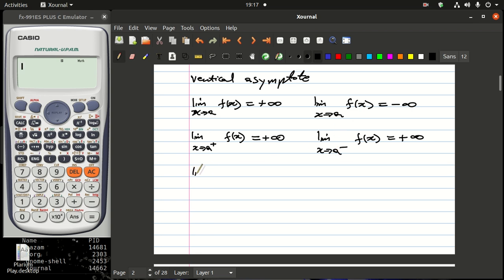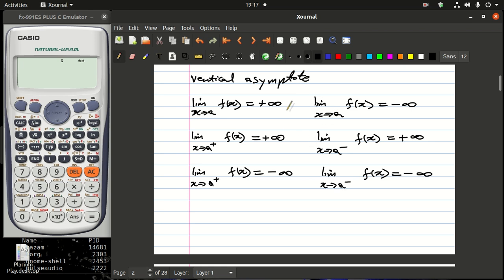And if when you're taking the limit as x approaches a from the right of f of x, you are getting negative infinity, you must know that there is a vertical asymptote at x equal to a. If when you are taking the limit as x approaches a from the left of f of x, you are getting negative infinity, just know that there is a vertical asymptote at x equal to a.